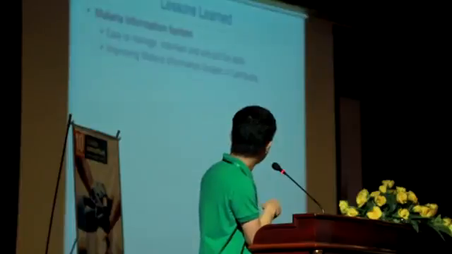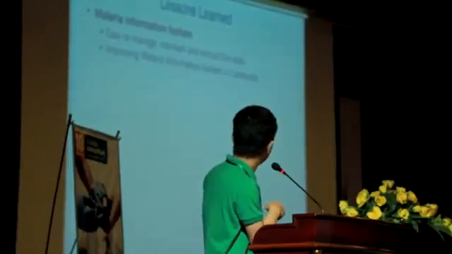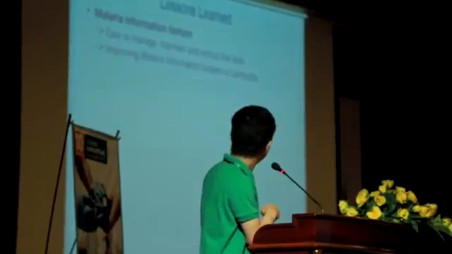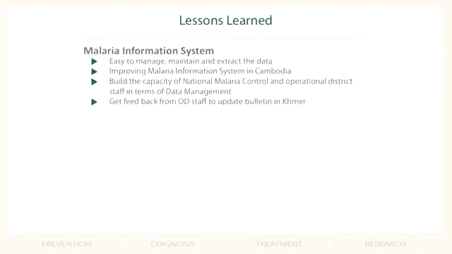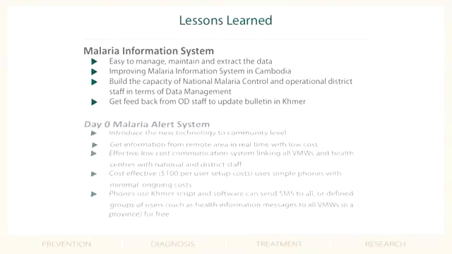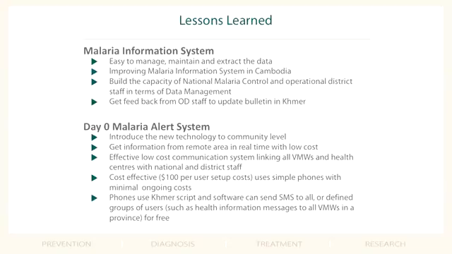So for the lessons learned, the malaria information system is easy to manage and maintain, extract data, and improve the malaria information system in Cambodia. We can build the capacity of national malaria control and operational district staff in terms of data entry, and get feedback from the OD staff to update the bulletin in Khmer.